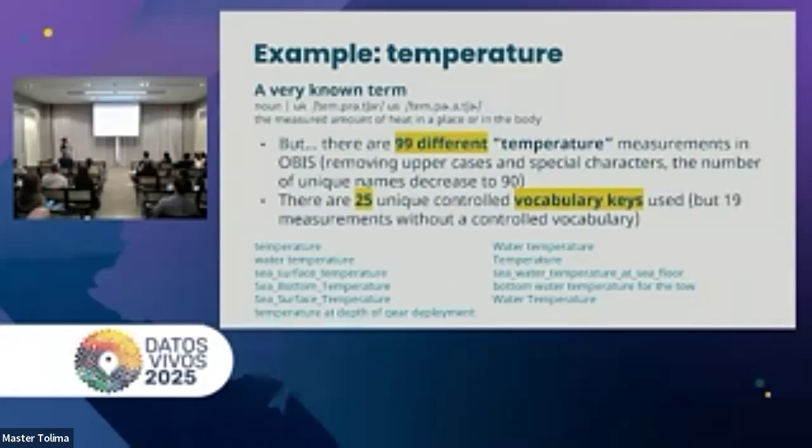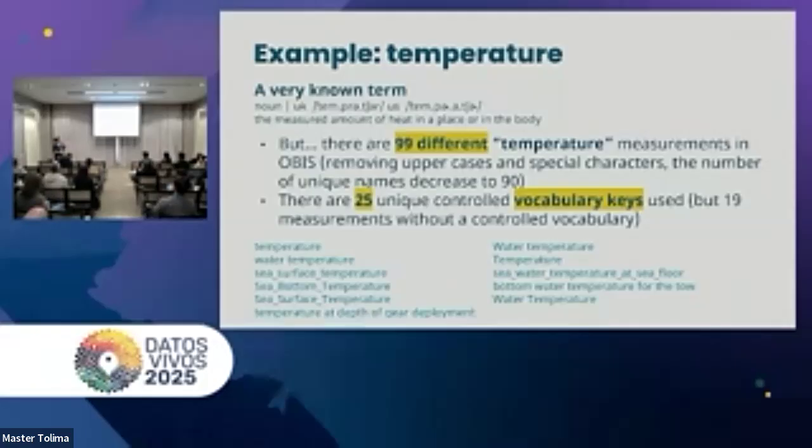Okay. Yes. So there are actually like 99 different types of temperature measurements in OBIS. And then when we remove special spelling and lowercase, the number of unique different ways of writing temperature only decreases down to 90.